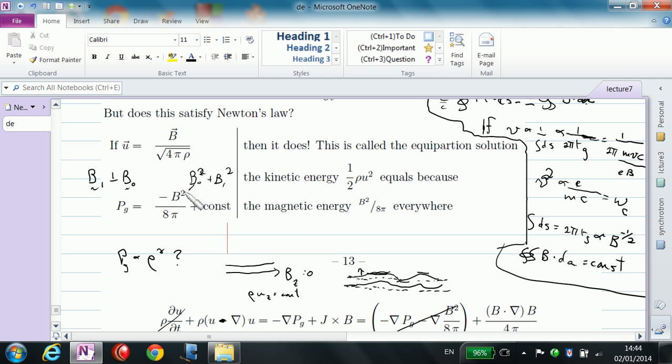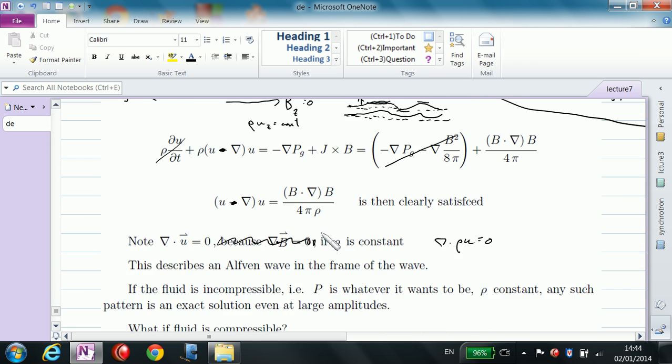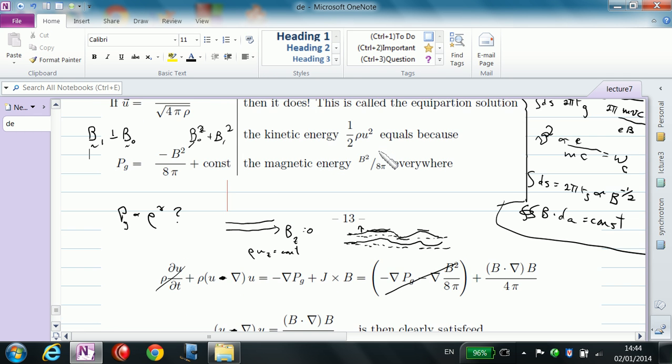And the total pressure gradient is not playing a role, because the total pressure gradient, as I wrote here, cancels out. For a magnetosonic wave, the pressure is playing a role. That's what's moving it. In an alpha wave, it's this term that's exerting the force on the fluid.